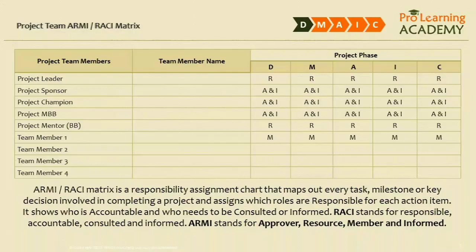Whereas your ARMI chart stands for who is approver, who is the resource of the team, who is the member of the team, and who is informed. I mean, who should be informed, who will not be actively participate in the project. So somebody will actively participate in the project and somebody will not actively participate in the project.